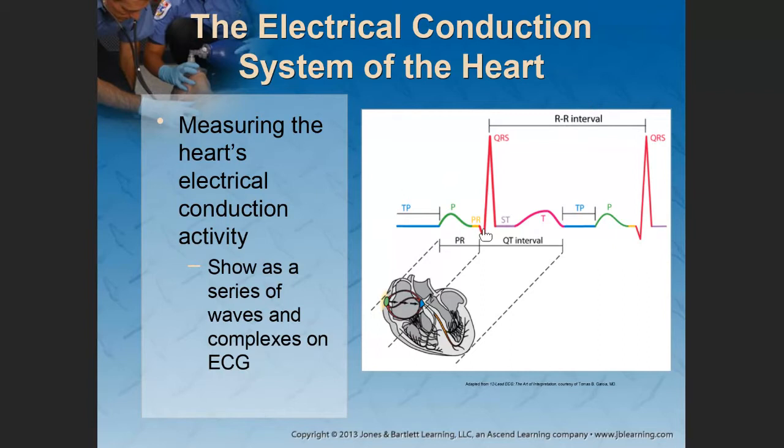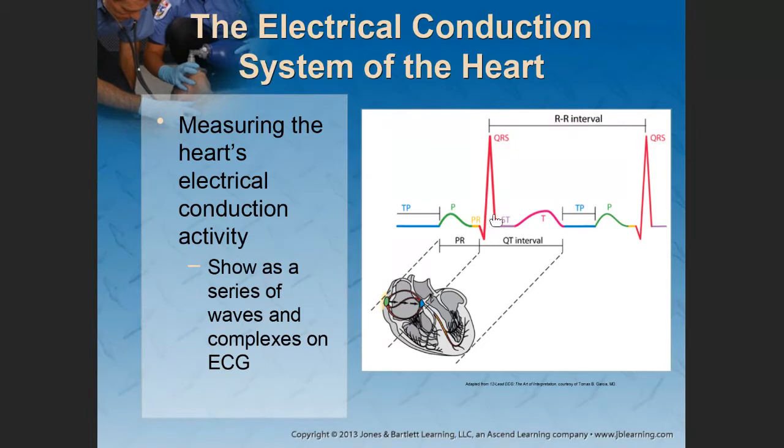So that's 1. 2, the QRS complex, the width of the QRS complex, which is right here, this space right here. The width of the QRS complex should not exceed 3 small boxes. Should be less than 3 small boxes. It shouldn't be greater than 3 small boxes. That's the QRS complex.